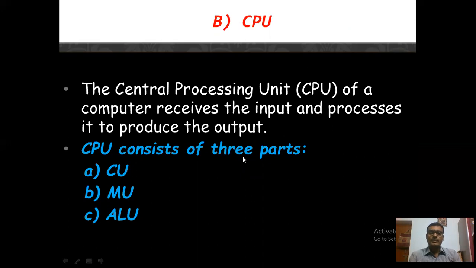It produces the output. And there are three parts of a CPU: CU, which is known as control unit, MU, which is known as memory unit, and ALU, which is known as arithmetic and logic unit. ALU is responsible for doing all the arithmetic calculations.